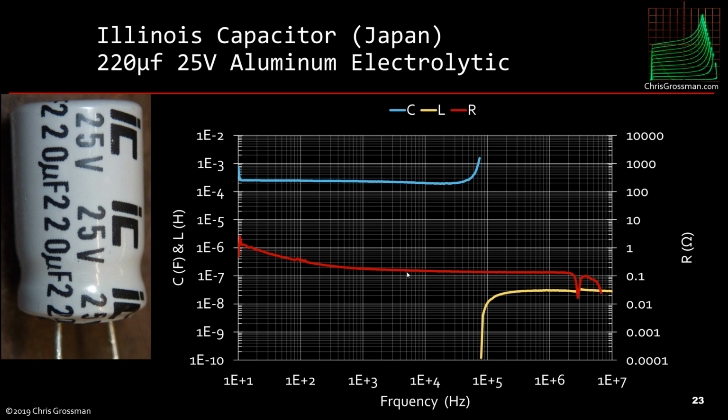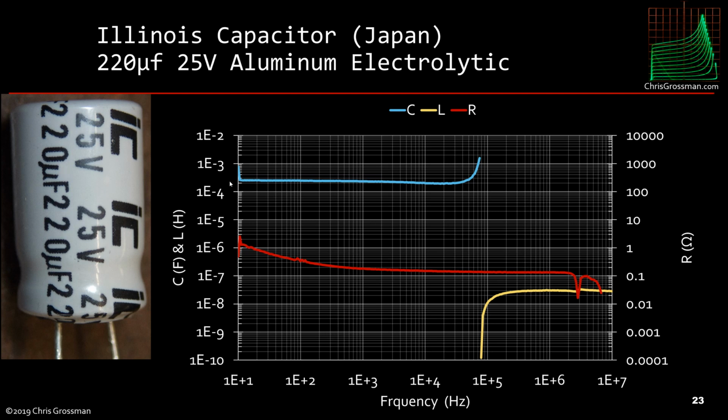capacitor has a fairly nice, well-behaved resistance all the way through resonance, and it's got an ESR of, what's this, 0.1, call that 0.12, 0.13 ohms. Very respectable.